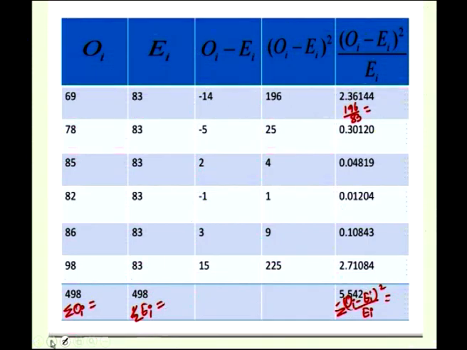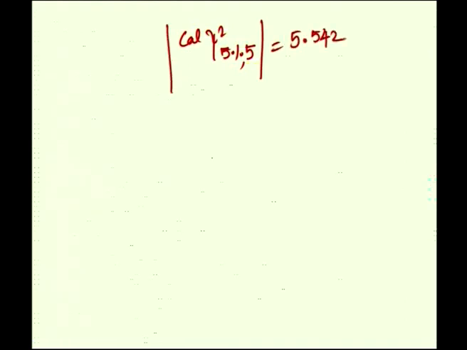So, writing it separately, your calculated chi-square at 5 percentage level of significance, 5 degrees of freedom is equal to 5.542. Now, actually we are in step 5 for the comparison and conclusion part.